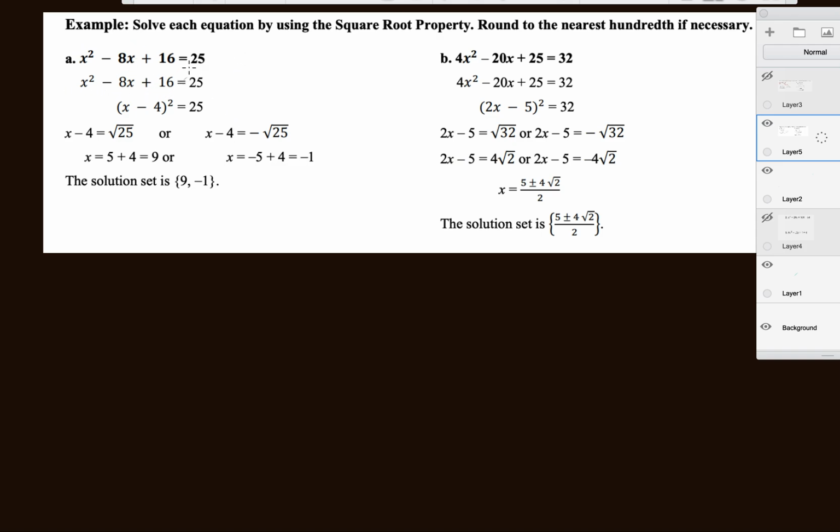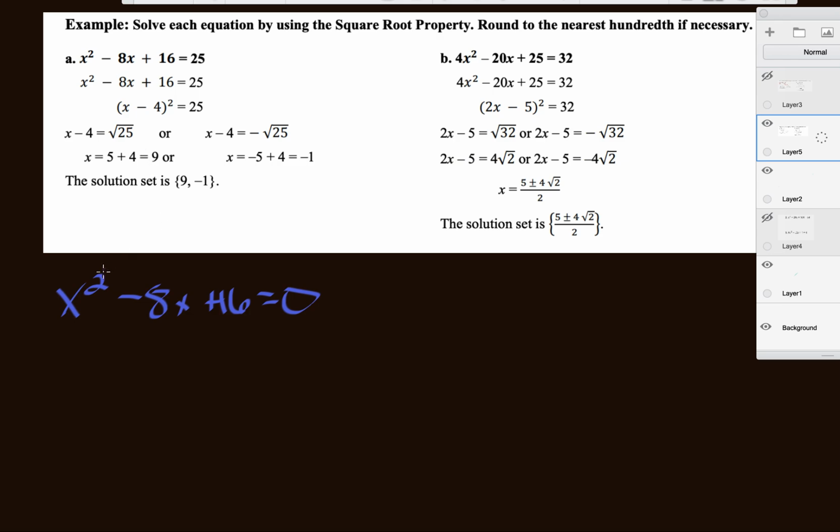So we were factoring quadratics, and before, we were factoring quadratics with a zero over here, and then we would solve for x. For example, if we had x squared minus 8x plus 16 equals 0, this is actually a perfect square.